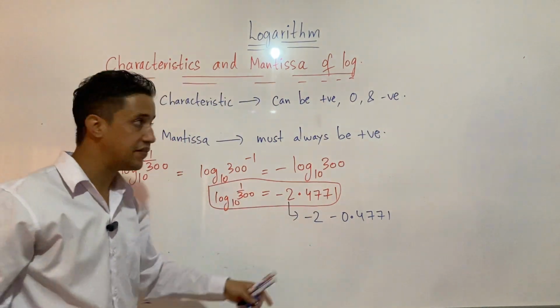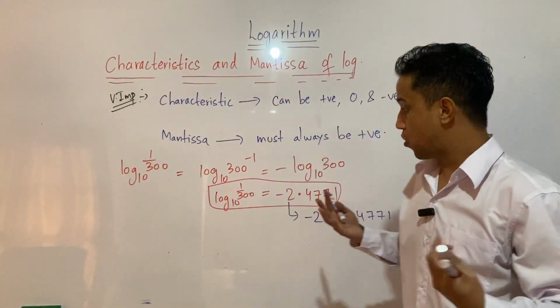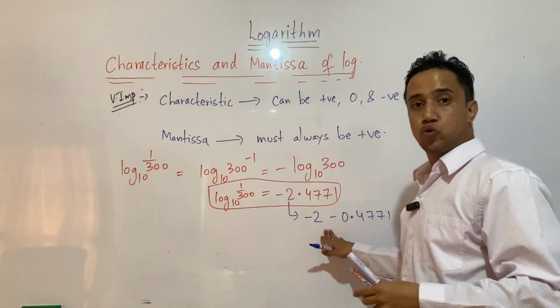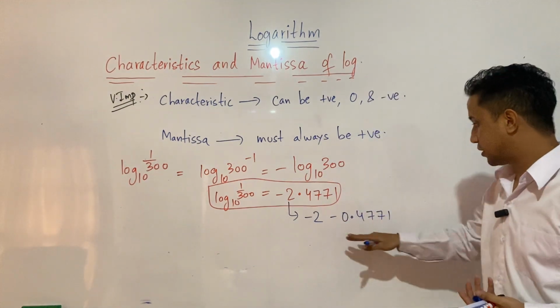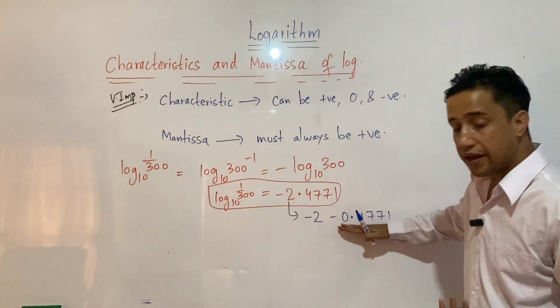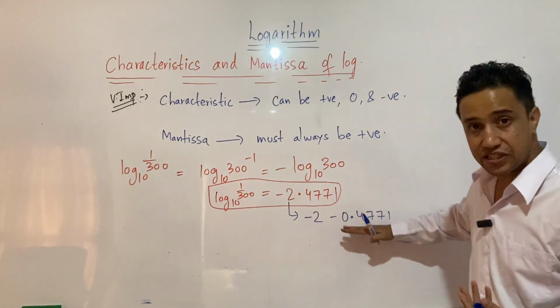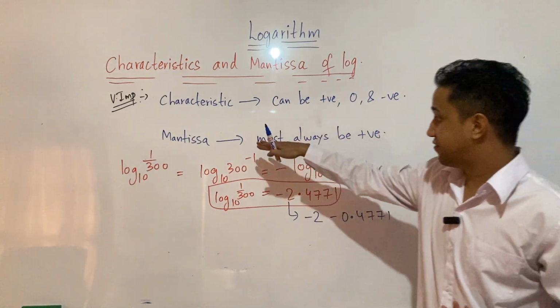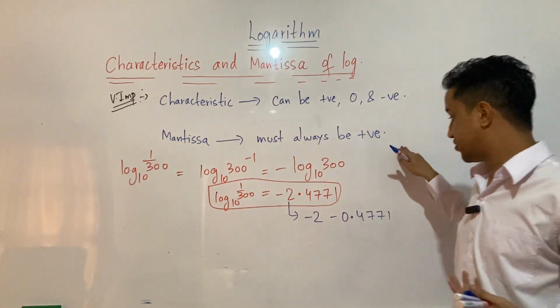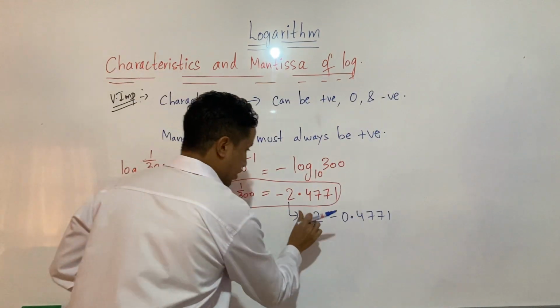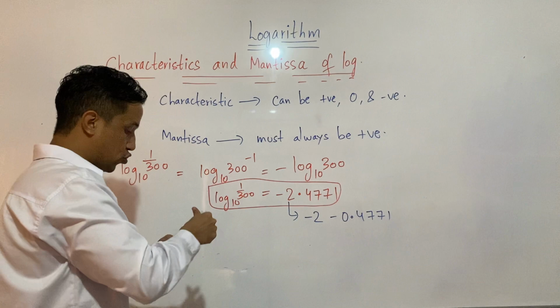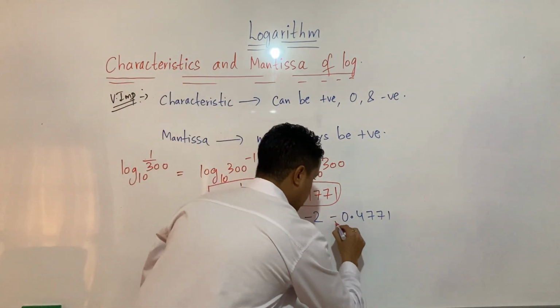Since this is negative, we should not have any problem, because according to the definition, this is valid. But here the mantissa of the log is negative, and by definition it must always be positive.